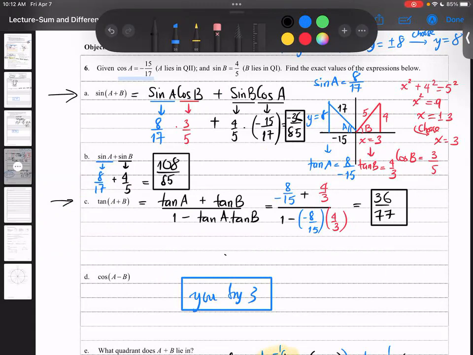Use tangent. You still have the same angle, 25, but it's going to be negative. Did we get that right? Negative 36 is right.